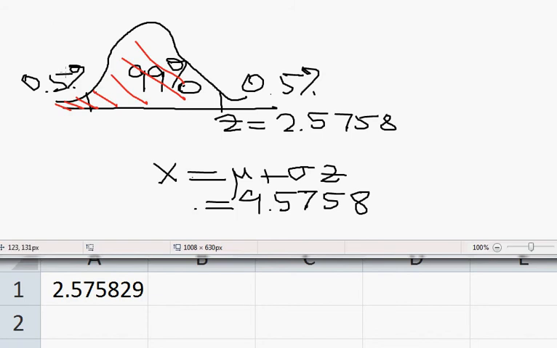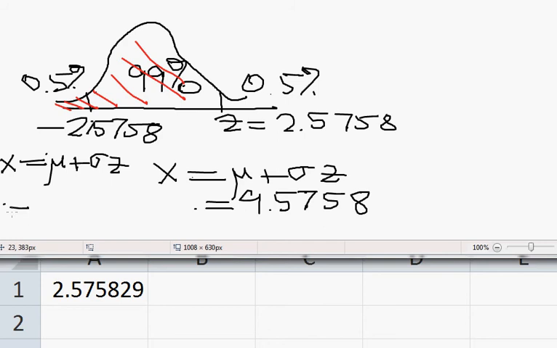Now I need two extremes. The other extreme that I need is the number over here, and that's going to be negative 2.5758. And so the x that goes along with this one will be equal to, again, mu plus sigma times z.